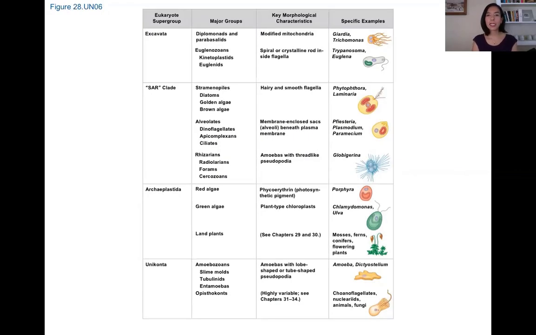I have put this table for you to learn all of the different structures, the 4 supergroups in this new classification. These are the supergroups of Eukarya, the domain Eukarya, the major groups inside of this supergroup, and the key morphological characteristics that define each of these groups and specific examples.